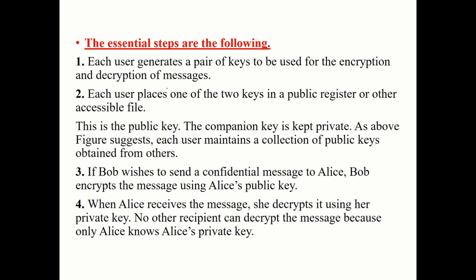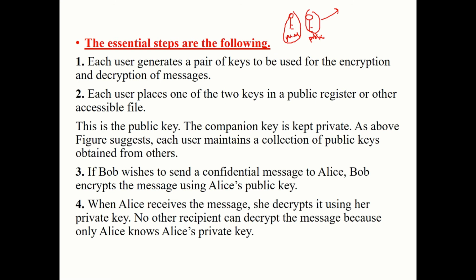Now these are the steps already explained. First of all, you need to generate what? You need to generate 2 keys, a pair of keys. One is private, you keep it with you, this is secret, and the other one is public, you share it with the directory.